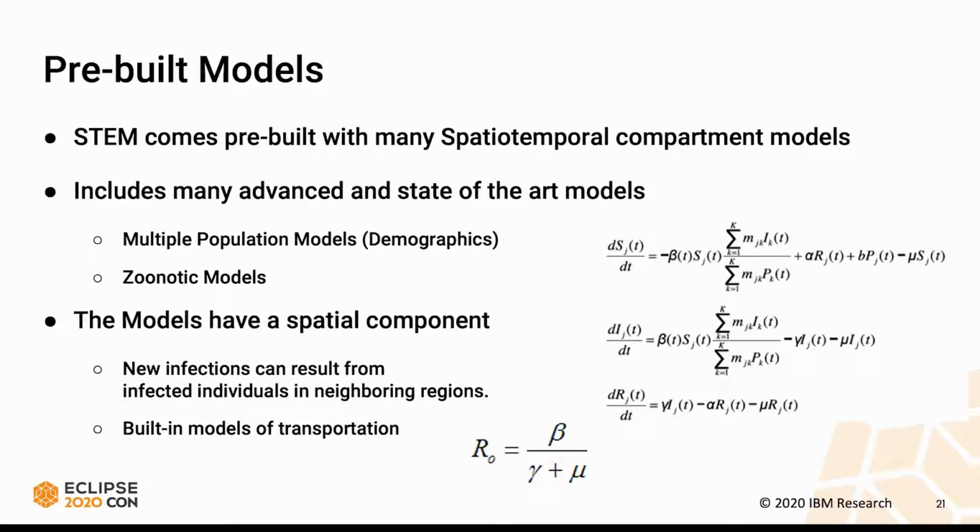There are also multiple zoonotic models, in essence, models that capture the relationship between animals and humans, for example, to have different types of model transmission. But this concept of space is really cool because now you can actually capture the relationship between an infection coming from the result of an individual traveling from a location nearby, let's say a neighboring region.